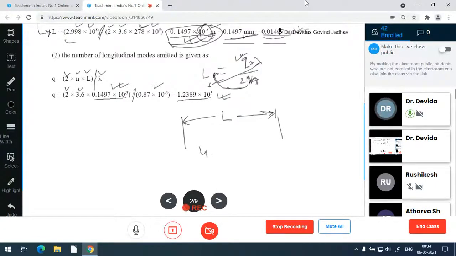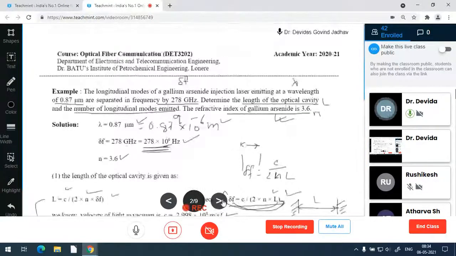So 1.2389 into 10 raised to 3 are the number of frequencies that are possible to generate in that semiconductor crystal.